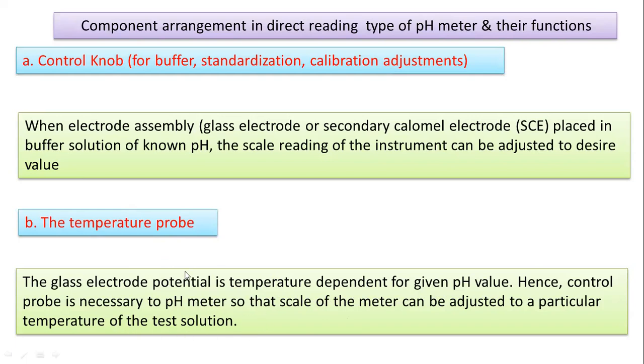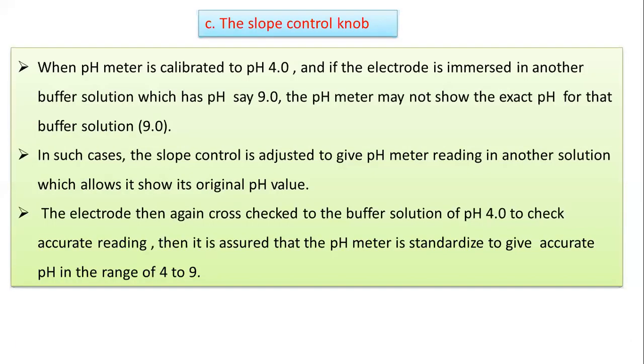The temperature knob is essential when we record the pH at a higher temperature, so that the accurate pH can be calculated by adjusting for the temperature of the electrode.